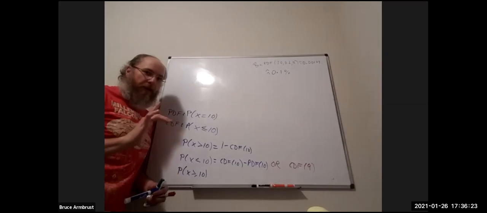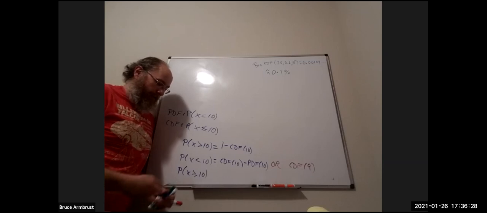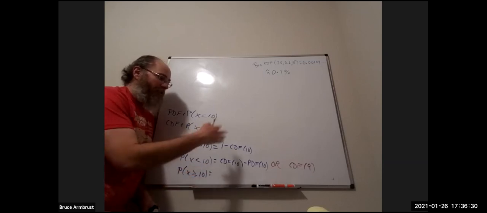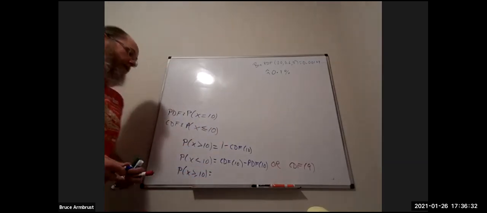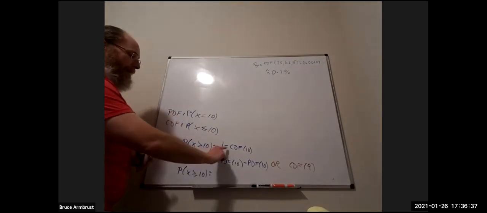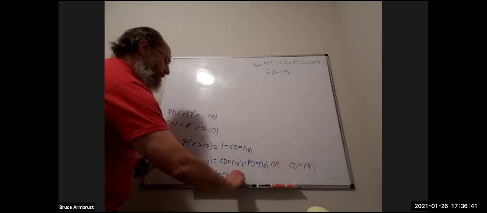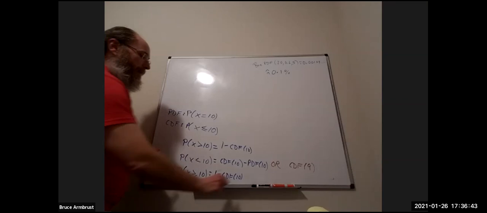There are a couple of ways we can approach this. One, and this is how I want you to think about it in general, because it will again work for a continuous distribution, is we're going to do the not 10. So it's going to be 1 minus CDF of 10, right? That's the greater than 10.